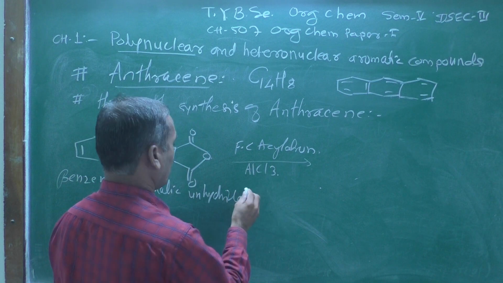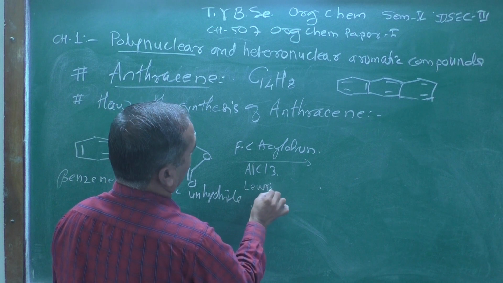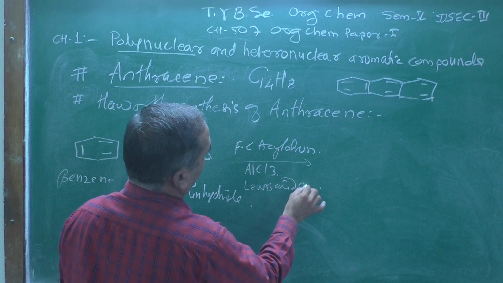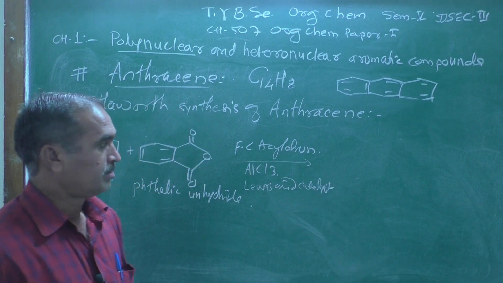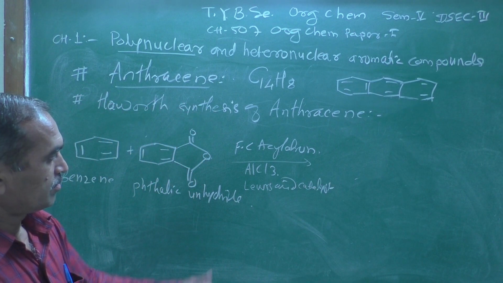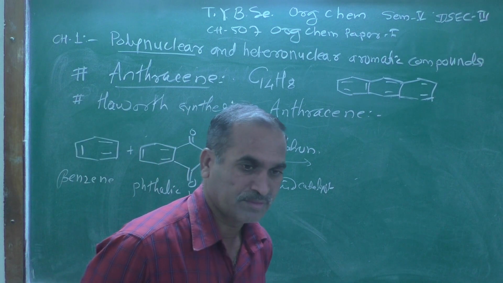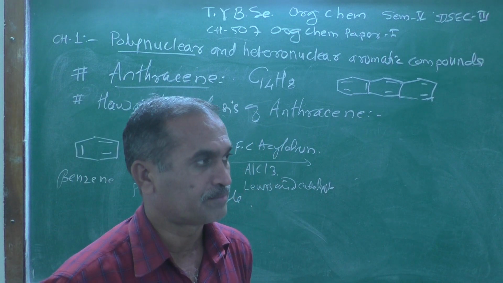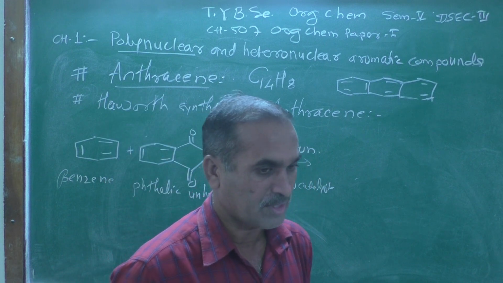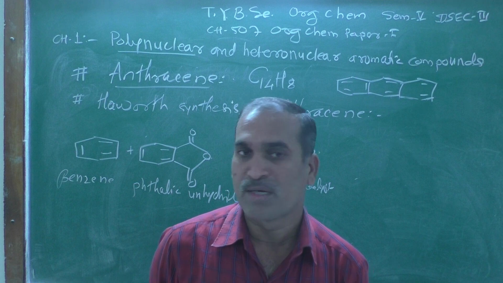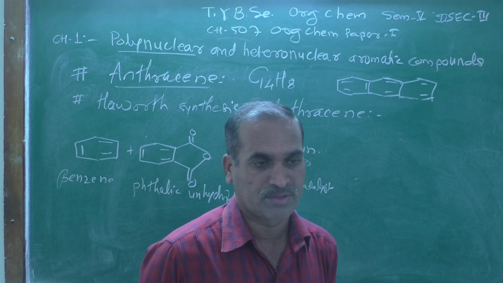As we know, it is a Lewis acid catalyst, so it will speed up the reaction. If reactions are not carried out with a catalyst, then a little amount of the catalyst is used.